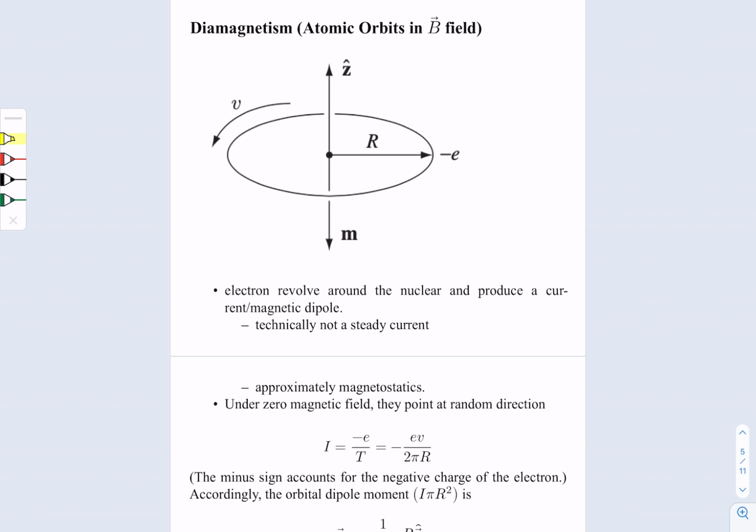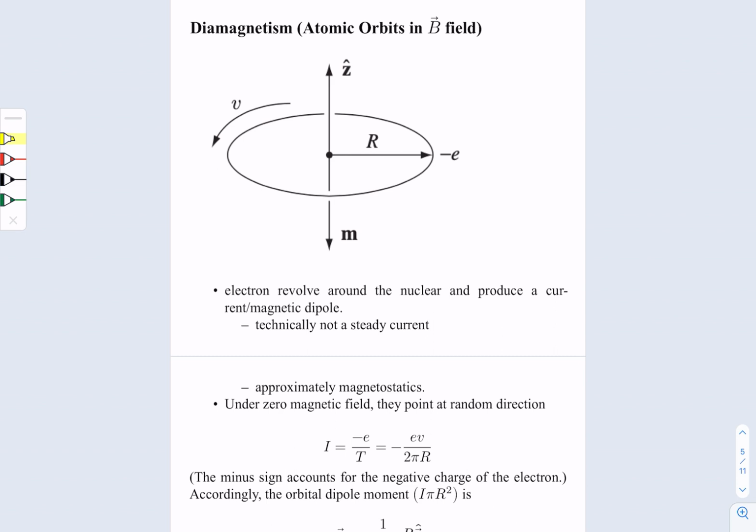The electron revolving around the nucleus will also produce a magnetic moment M, because you can think that as the electron rotates along this orbit, there is always charge going across the screen whenever a period T has passed.